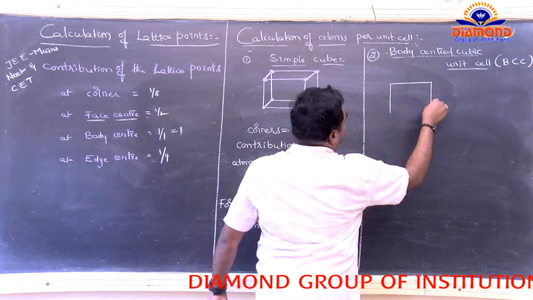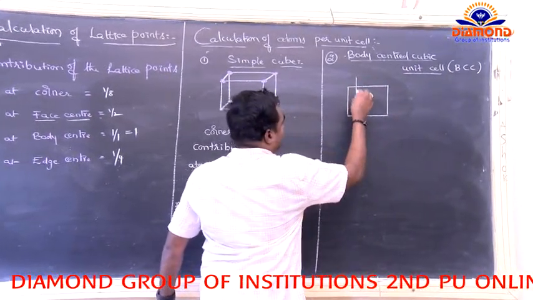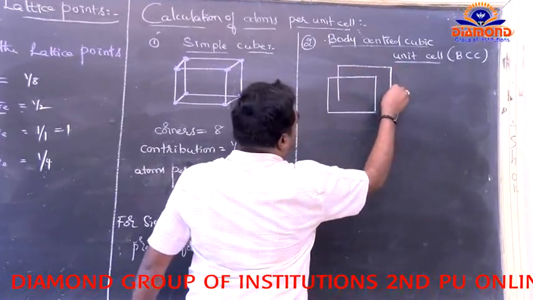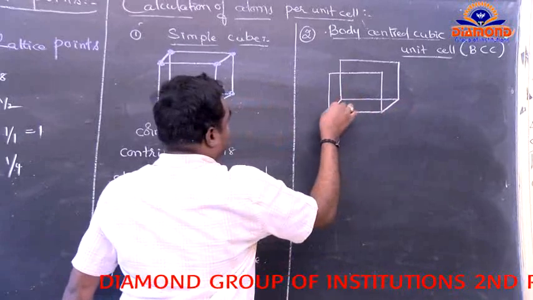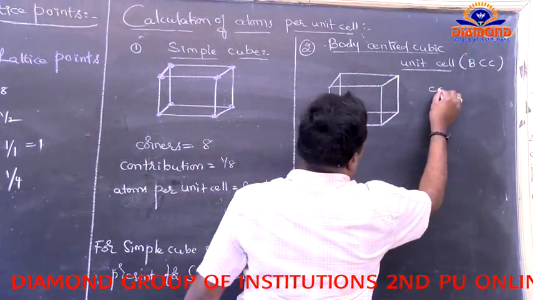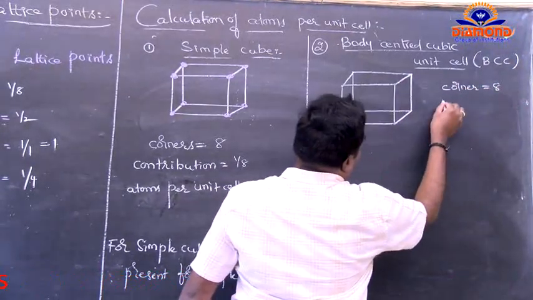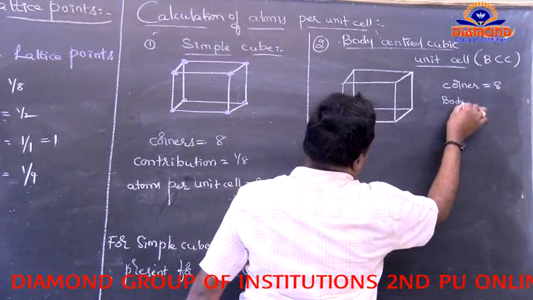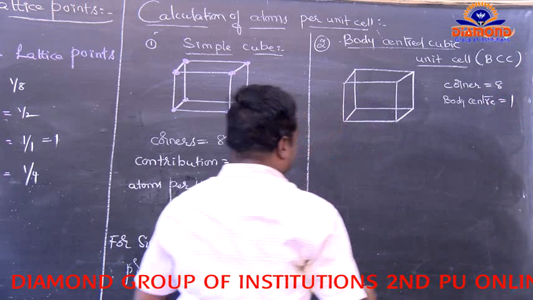At the corners we have 8 points, and at the center of the body we have 1 point.